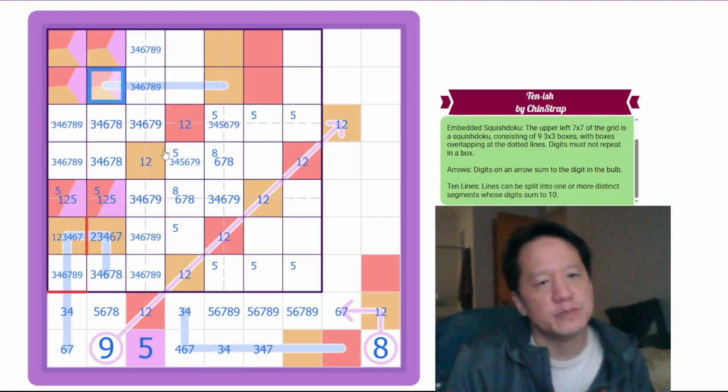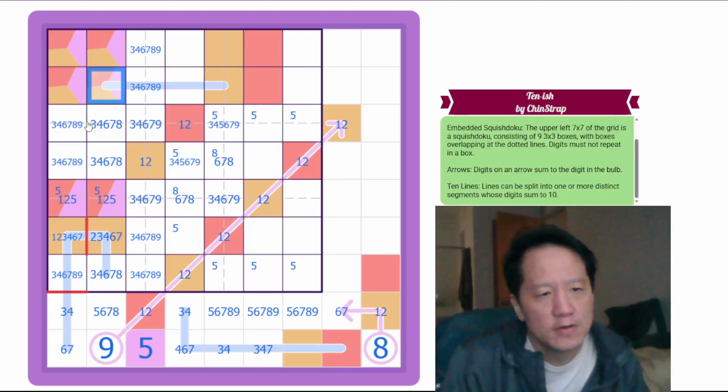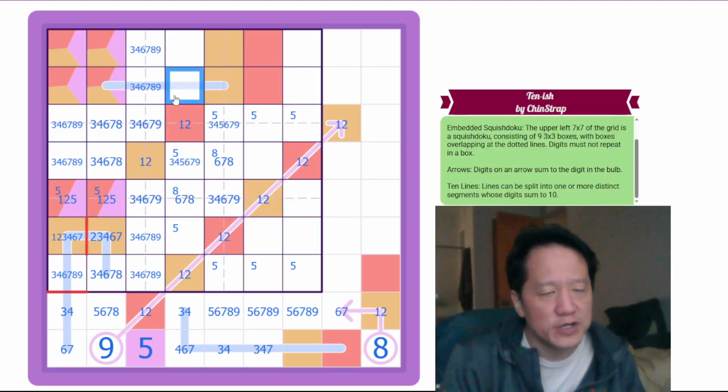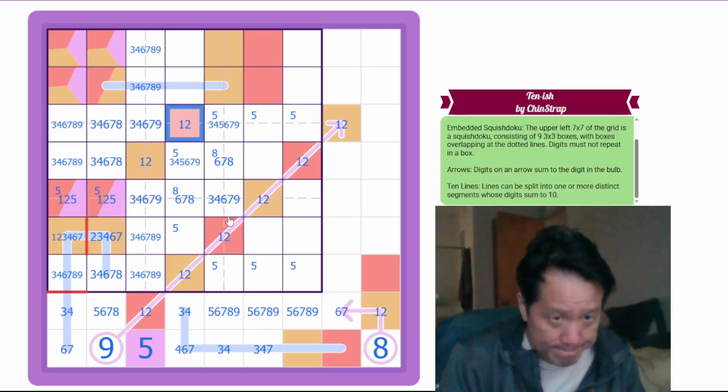Can this ever actually be 5? 5 would have to be with 4 and 1 or 3 and 2. But that doesn't work because this can't be 1 or 2. So this can't be 5.